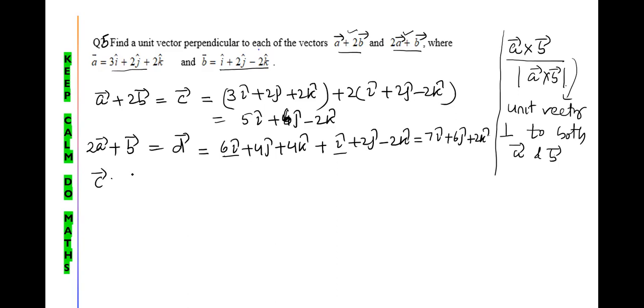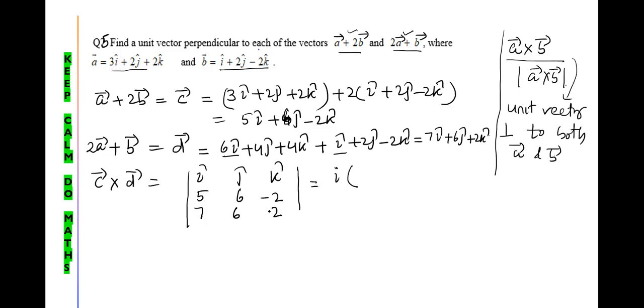So find C cross D. Write i, j, k; C vector is 5, 6, minus 2; D vector is 7, 6, 2. Take the determinant.